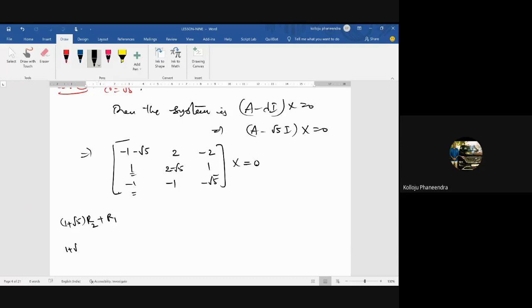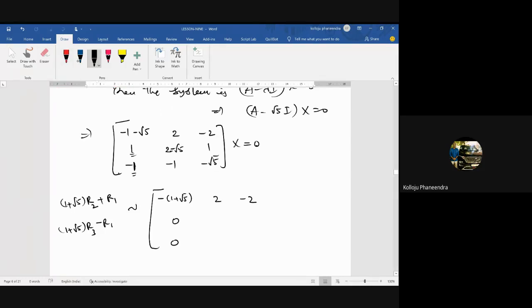Next one, 1 plus root 5 into R3. This is minus, so I have to subtract from this. So minus of 1 plus root 5 to minus 2. This is 0, this is 0 without any doubt. Next one, coming to this position, this is multiplied by 2 minus root 5. 2 minus root 5 into 1 plus root 5.